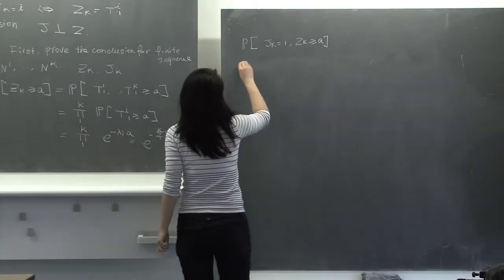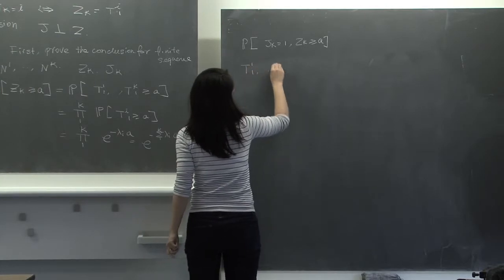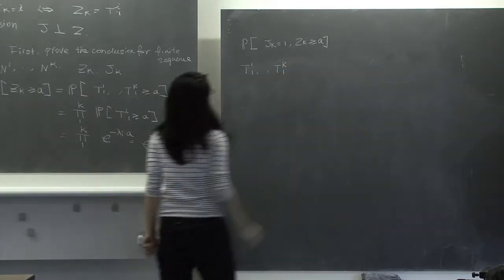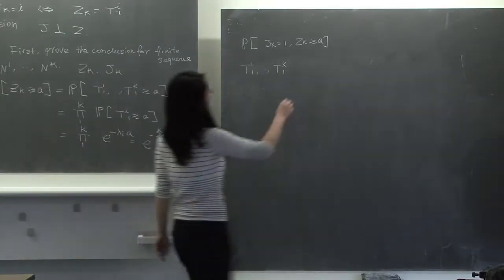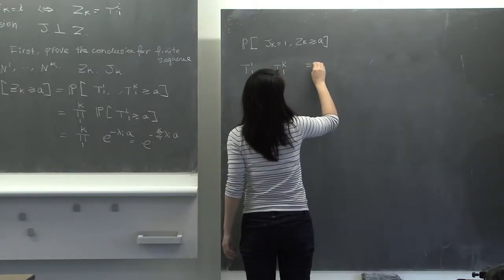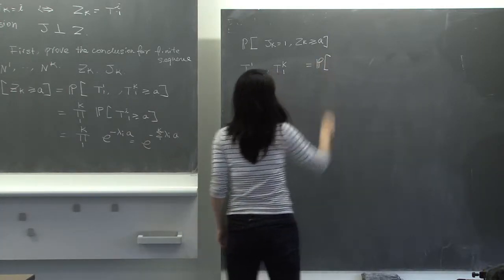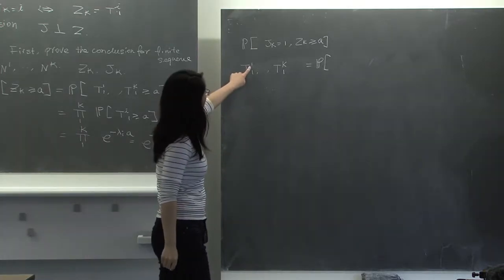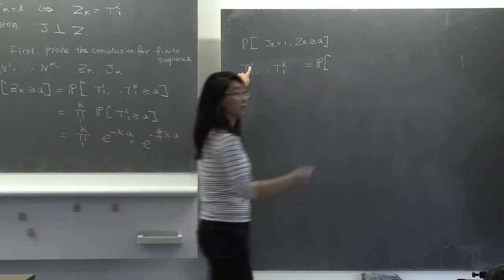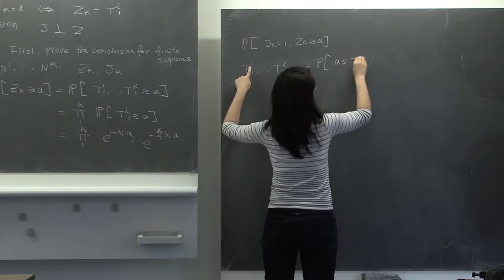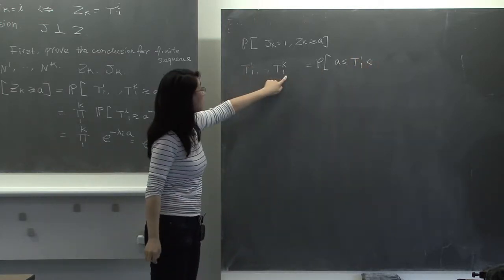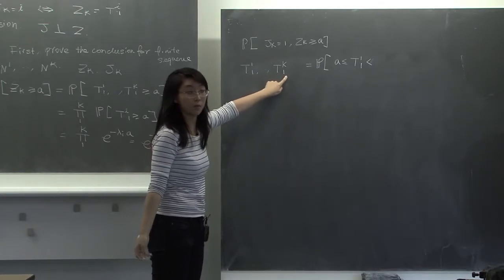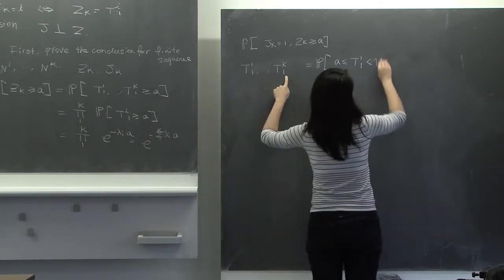So if we define this sequence as the first occurrence for the different processes from 1 to k, then this event is equivalent to saying that T11 is the smallest one, so it is smaller than the minimum of the remaining k-1 processes.